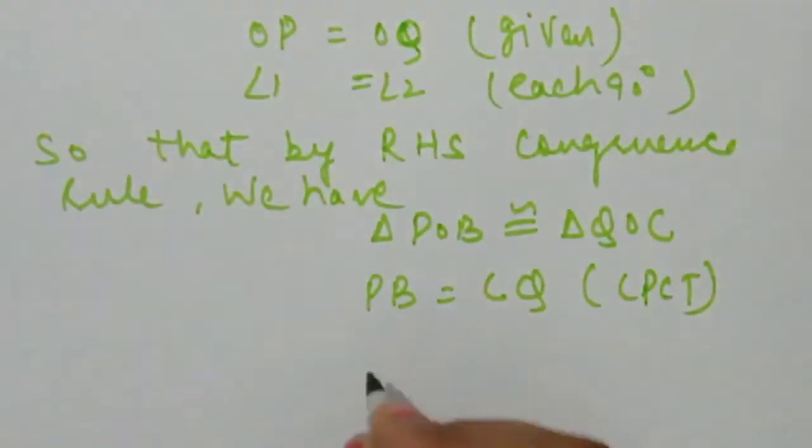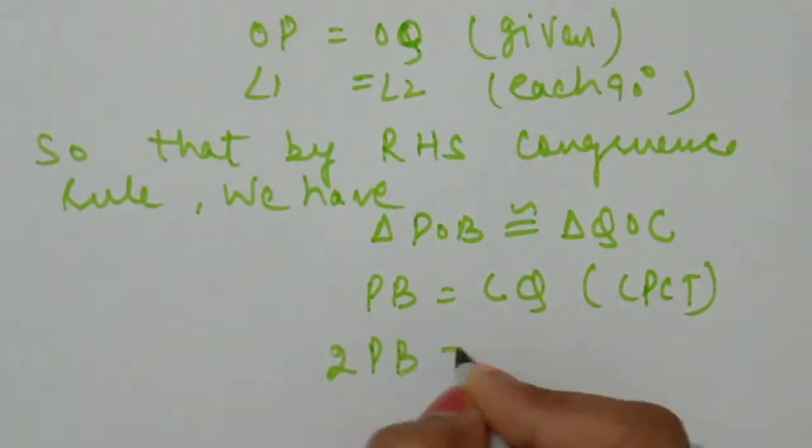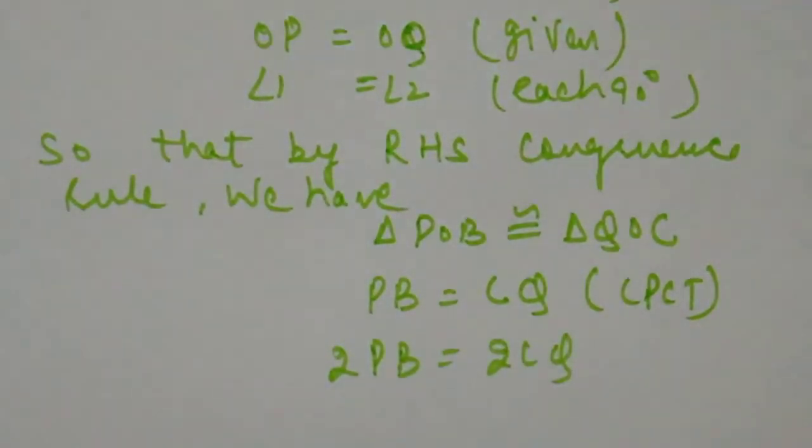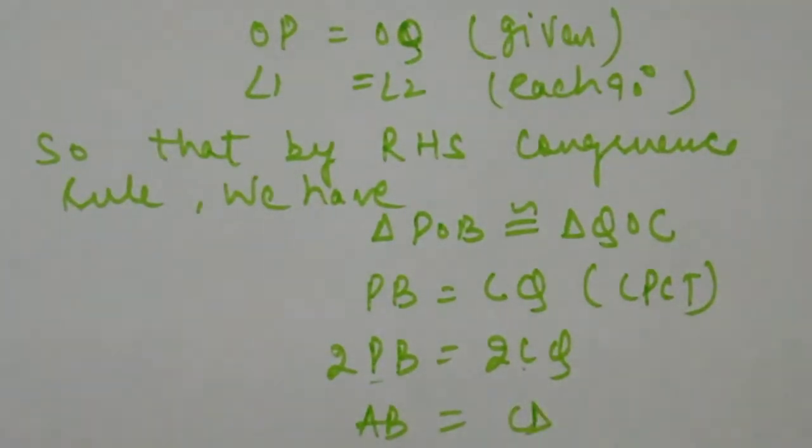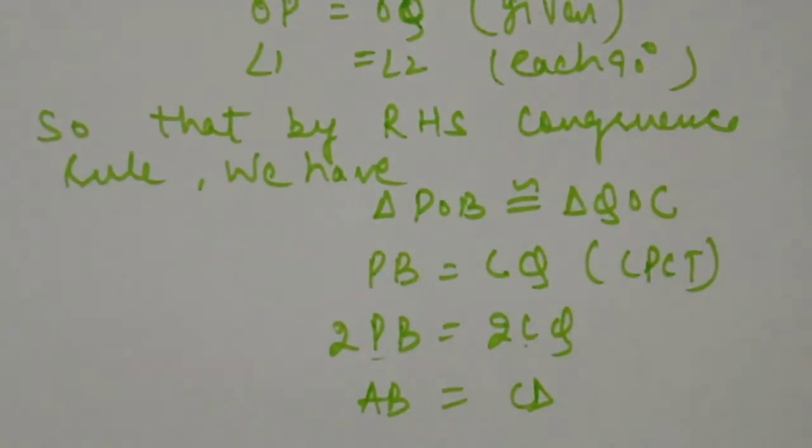So if we take double of PB is equal to double of CQ. If they both are equal, then the doubles of these two line segments are also equal. Double of PB is AB and double of CQ is CD. Hence proved, because we wanted to prove that both the chords are equal. Now students, these two theorems are finished.